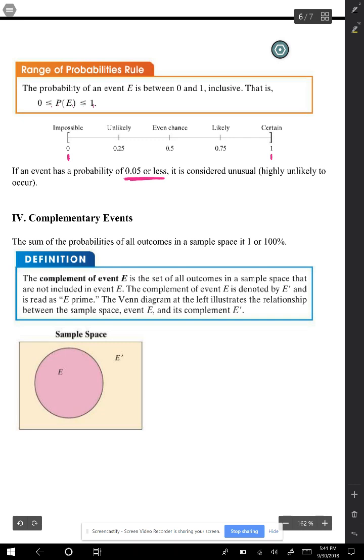So if you'll think back to the standard deviations and the bell-shaped distribution, remember we had the 95% of the data fell within 2 standard deviations. So that would mean 5% would fall outside there. So that 5% would be unusual, and that's what they're saying here. If the event has a probability of 0.05 or less, or 5% or less, it's considered unusual.